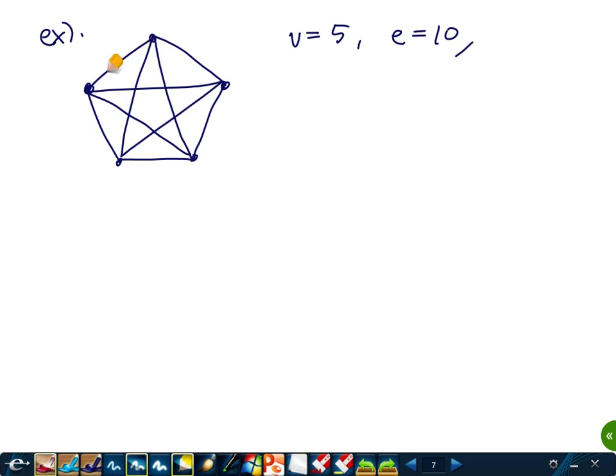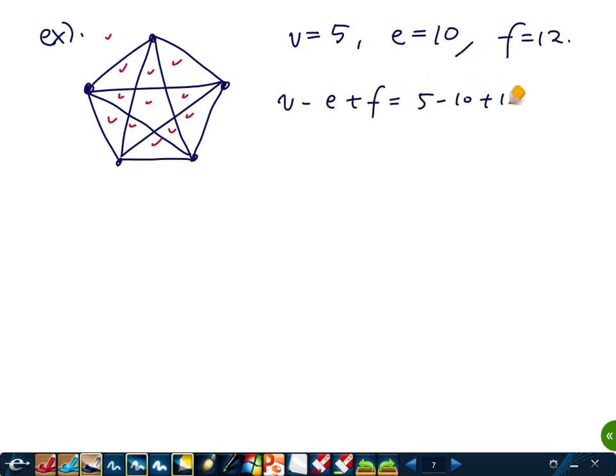Here you can see the region is divided into 1, 2, 3, 4, 5, 6, 7, 8, 9, 10, 11, 12 regions, so F equals 12. So what is V minus E plus F? 5 minus 10 plus 12, which is 7. This is not equal to 2, so it's not planar. Okay.